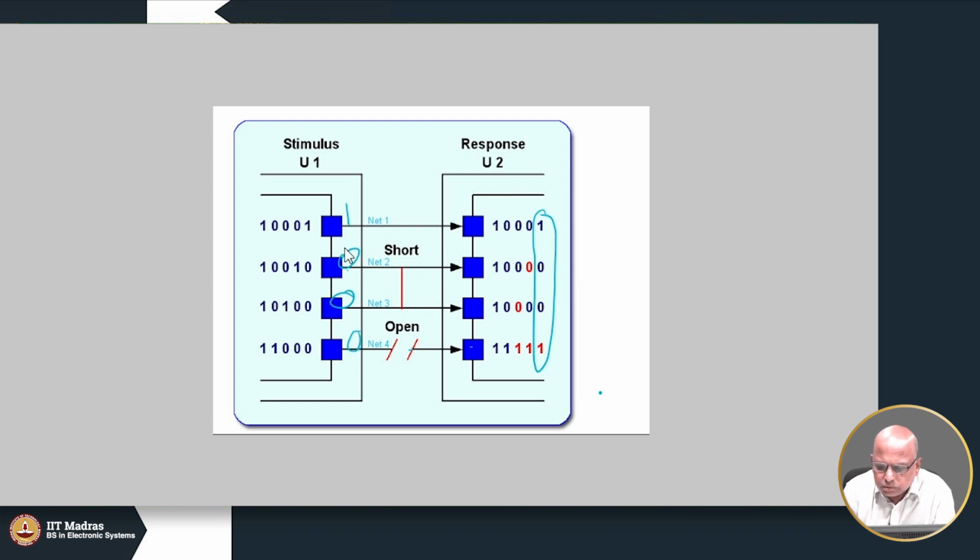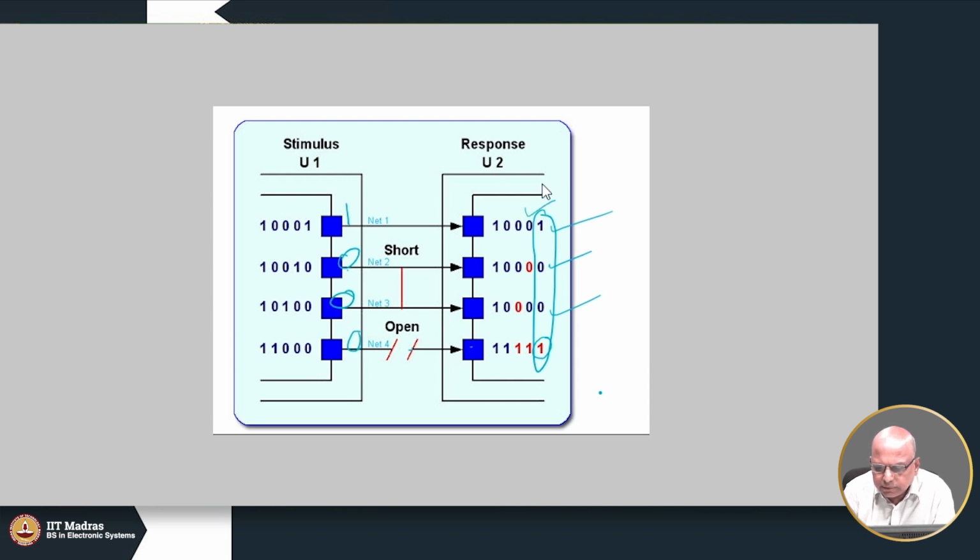So this 1 came here, this 0 came here, this 0 came here, but we are not able to get this 0 here. We are capturing a 1. So that gives us a clue that there is something wrong. Then we may apply 0 1 0 0.